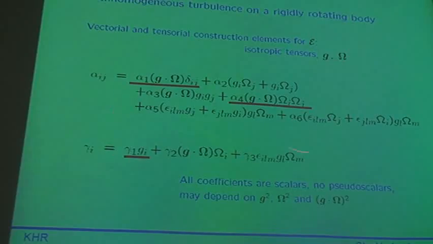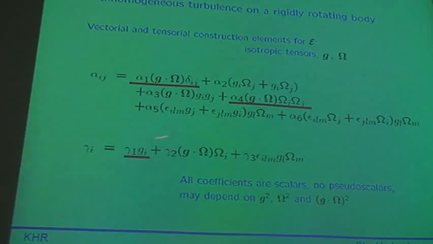And then you must do some mathematics and make a list of the possible contributions to the alpha tensor. And here are these 6 possible contributions. I have it written so that alpha 1, alpha 2, and so on are all scalars. G omega is a pseudo-scalar.